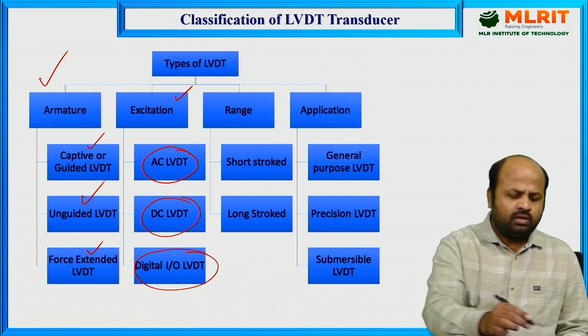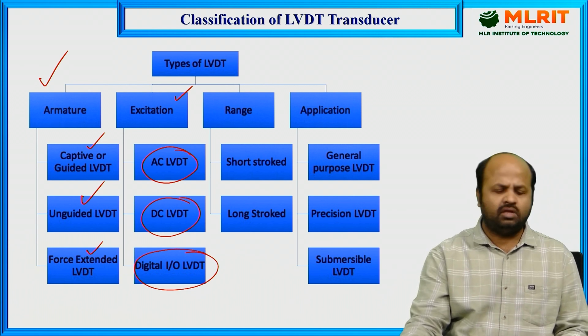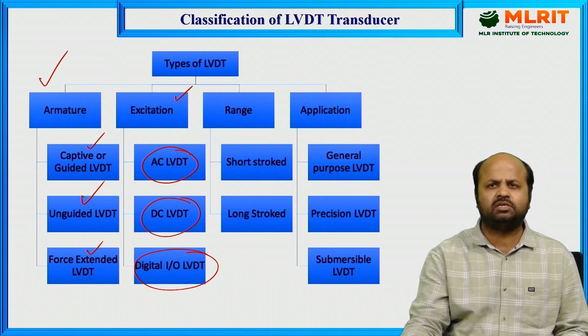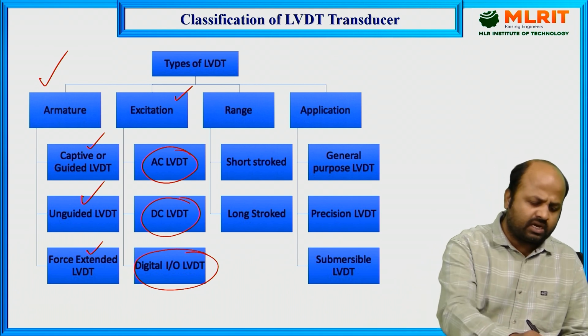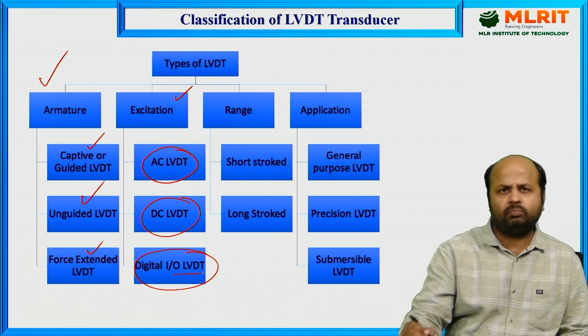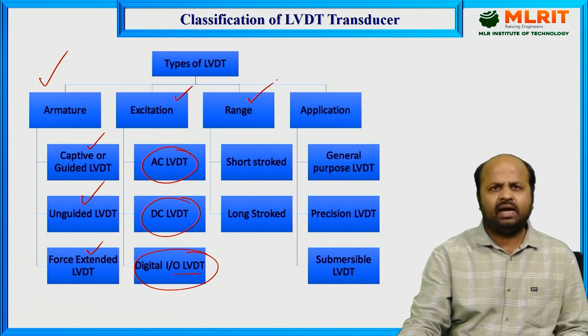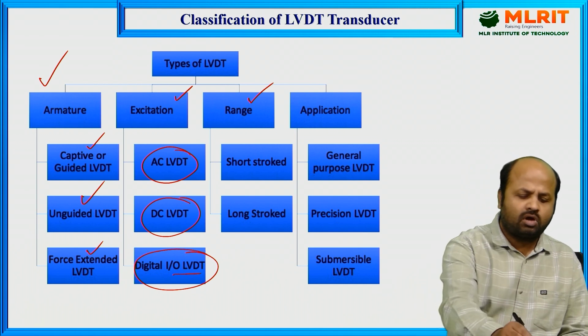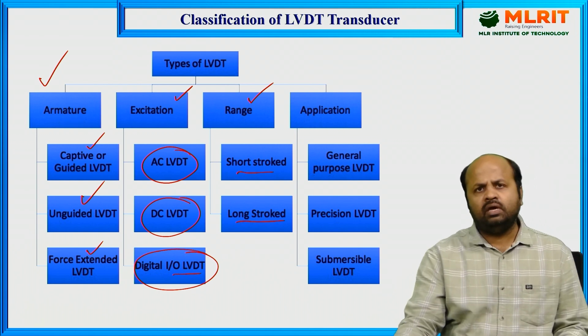In excitation type, we can see that there are AC type LVDT, DC LVDT, and digital input output LVDT. When we give an AC signal for its excitation, that will come under AC LVDT. If you give a DC signal for excitation, it will come under DC LVDT. And there is another type, digital input output LVDT. Based on the range, the LVDT has been classified as short range LVDT and long range LVDT.